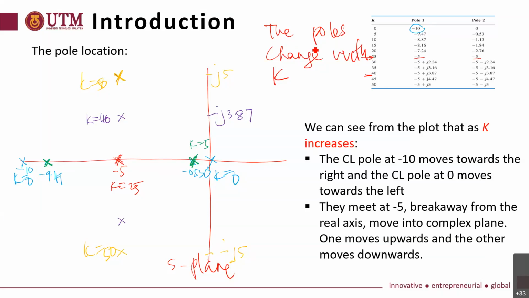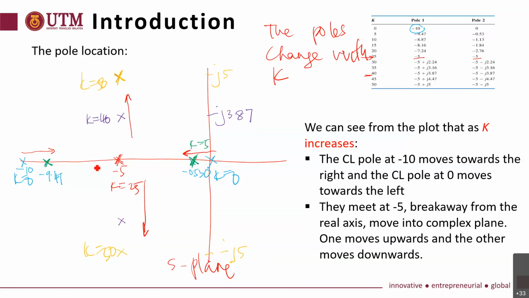Both are complex poles. So we can see that there is a movement of pole when we change the value of K. It moved from here to here, and this one from here to here. And later it goes up and down.